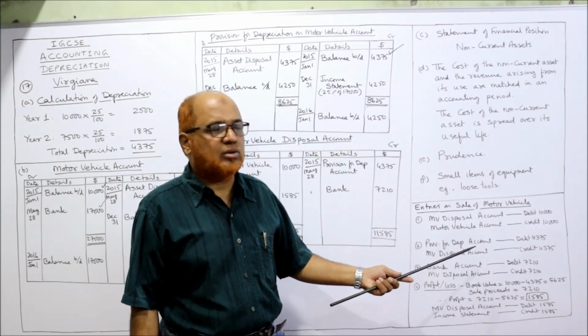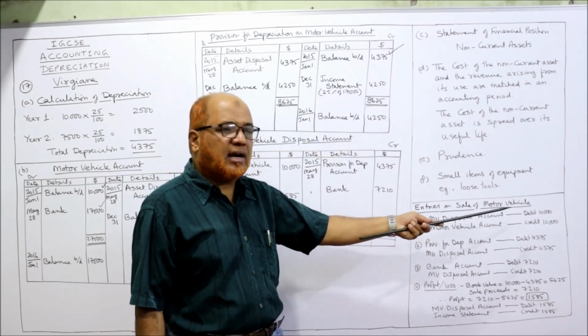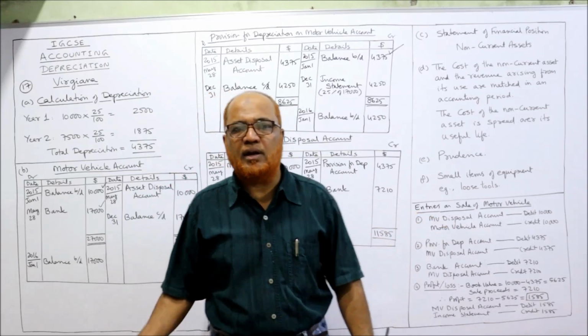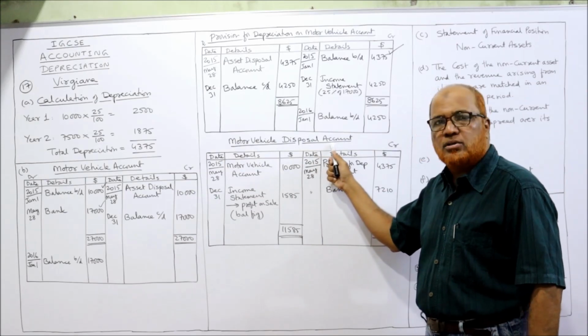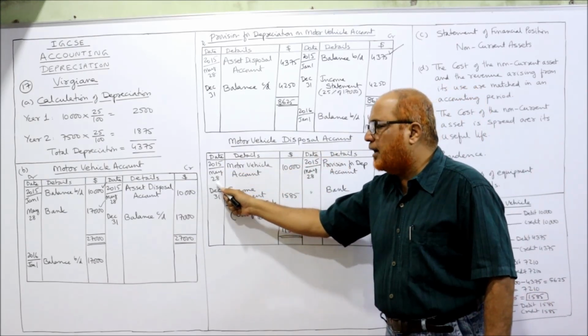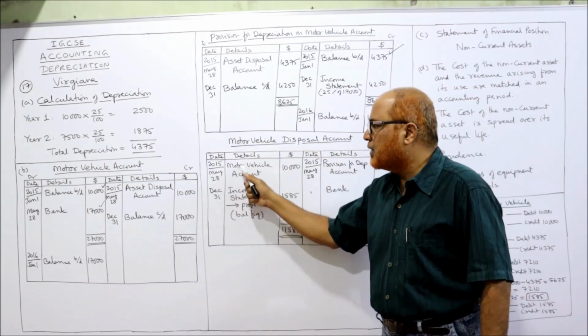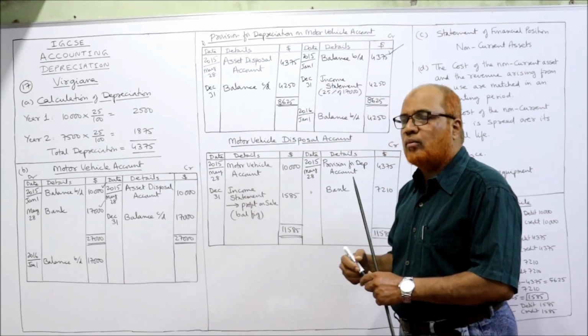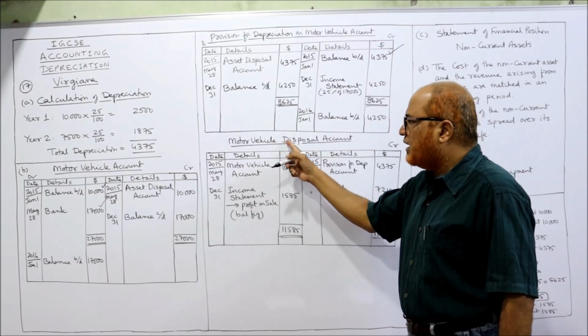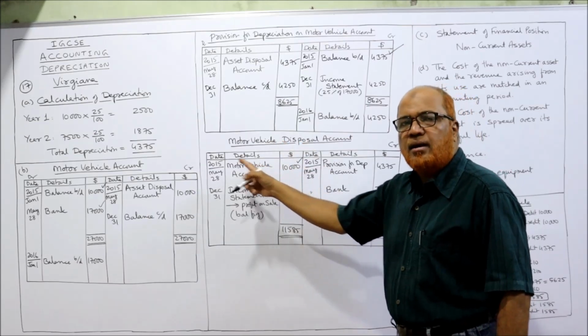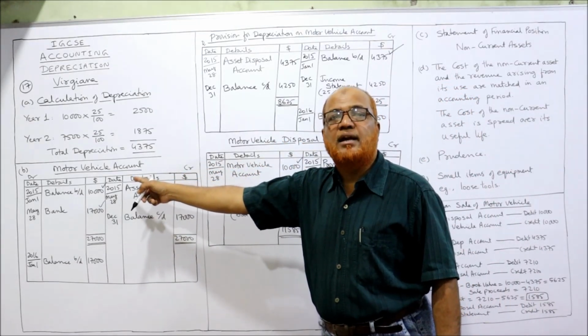That is disposal account. So motor vehicle disposal account debit, motor vehicle account credit. Now carefully you see here. This is the motor vehicle disposal account. 2015 May 28, right? Motor vehicle account. So how much is the amount? 10,000. The motor vehicle disposal account is debited and motor vehicle account should be credited.